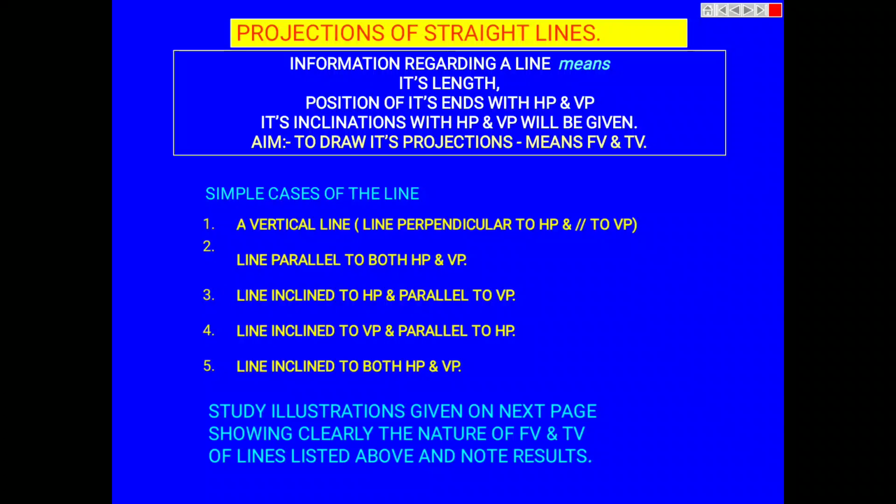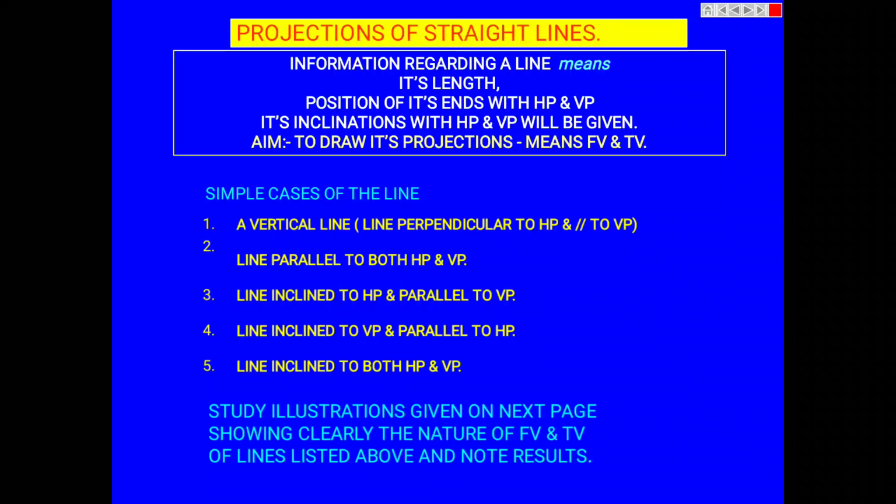The second case is line parallel to both HP and VP, horizontal plane and vertical plane. The third one is line inclined to horizontal plane and parallel to vertical plane. The fourth one is line inclined to vertical plane and parallel to horizontal plane. The last, fifth one, line inclined to both horizontal plane and as well as vertical plane. So these are some simple cases of the lines.